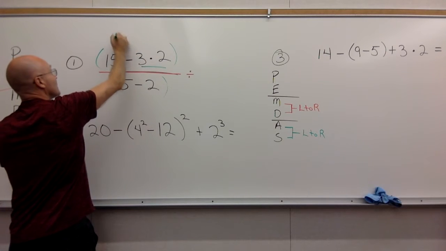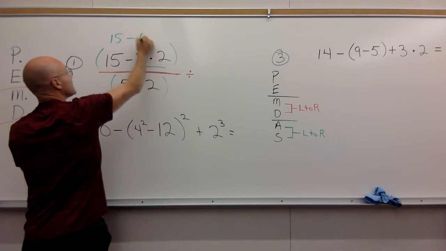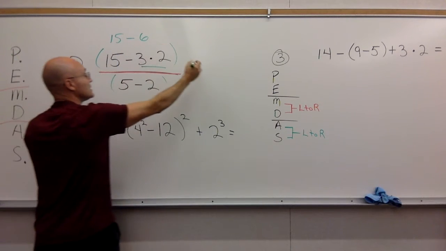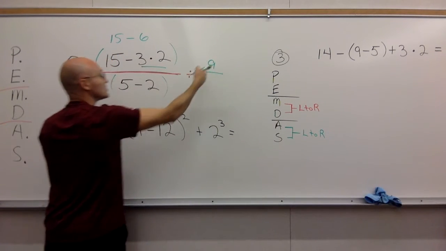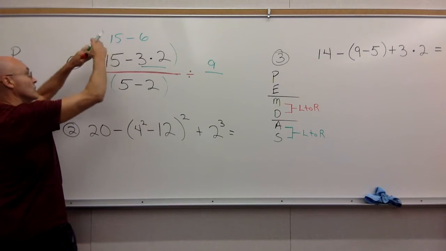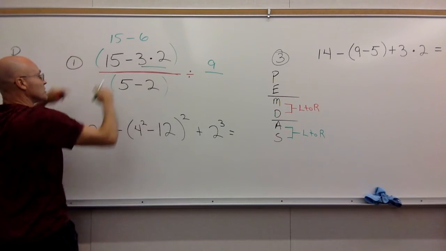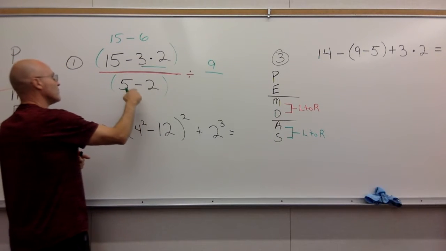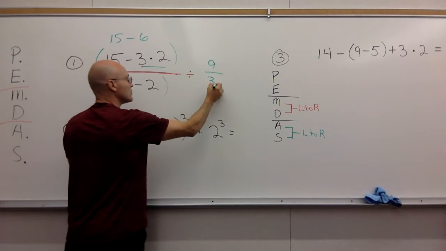So I have literally 15 minus 6. That's the top part of my fraction. And 15 minus 6 is 9. And so I get 9 when I do the two things on the top of this fraction. And then I come down here and do the bottom part of the fraction, which is 5 minus 2, and I get 3.